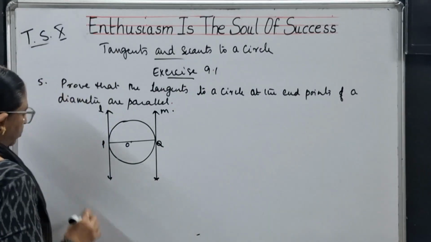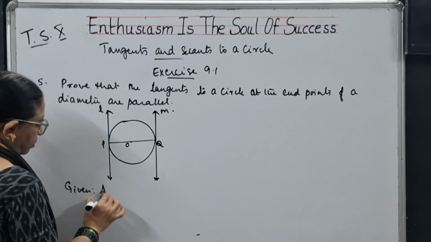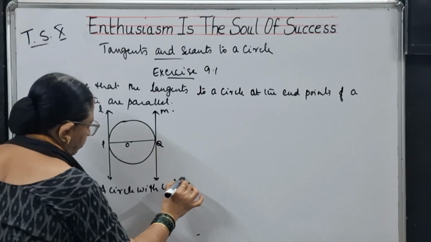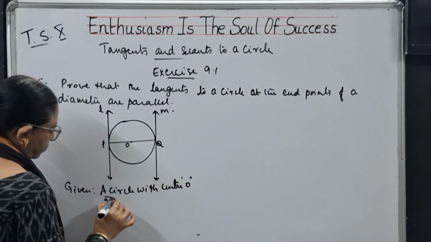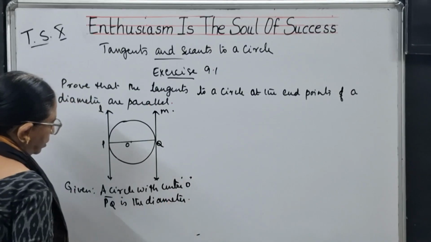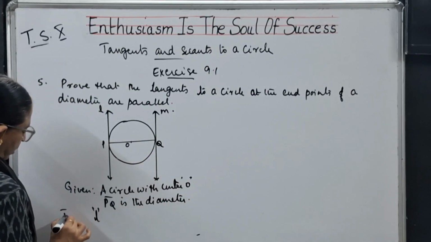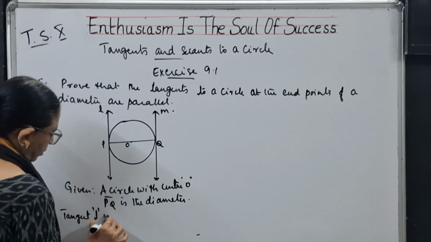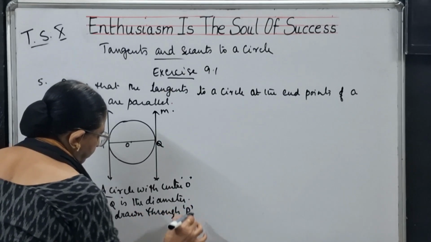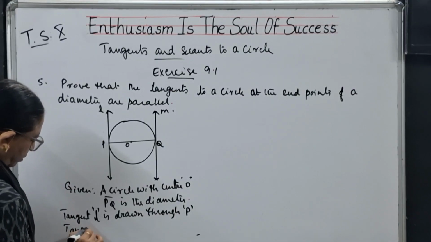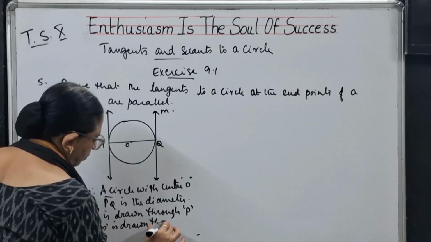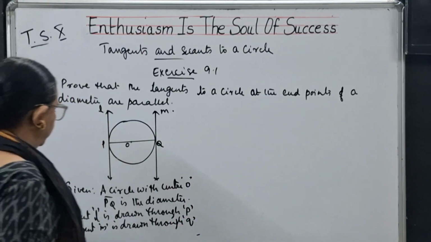So what can we say, what is given? You have got a circle with center O and PQ is the diameter, and tangent L is drawn through P and tangent M is drawn through Q. Now this is given.